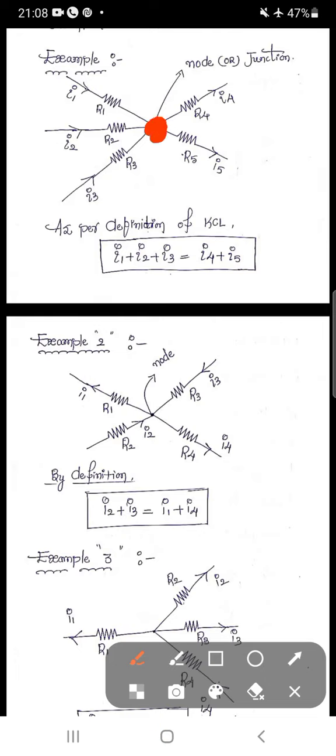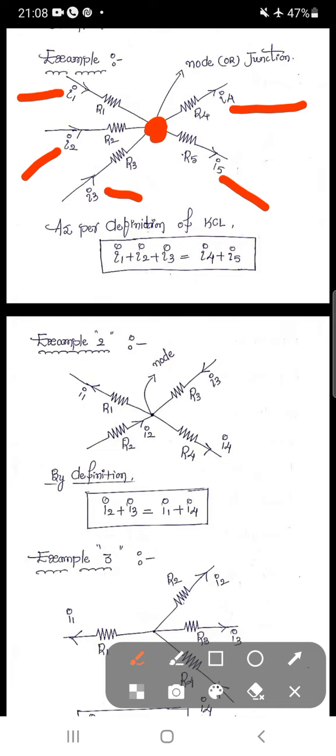Here R1, R2, R3, R4, R5 are the individual branches, which means in each individual branch there is a flow of individual current. So the current flowing in the R1 branch is I1, in the R2 branch is I2, in the R3 branch is I3, in the R4 branch is I4, and in the R5 branch is I5.